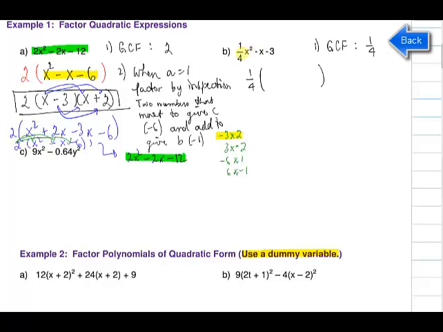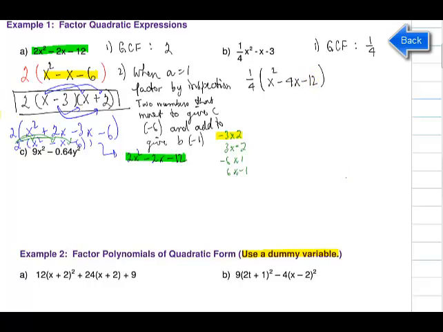So we're going to go 1/4 x squared divided by 1/4, which leaves me with x squared. Negative 1x divided by 1/4. Well, 1 divided by 1/4 is 4, so you're going to go minus 4x. And negative 3 divided by 1/4 is negative 12.